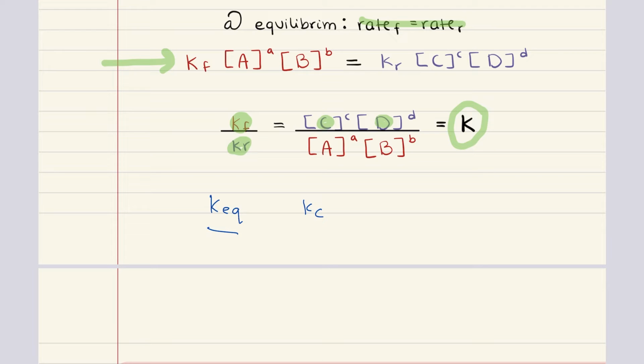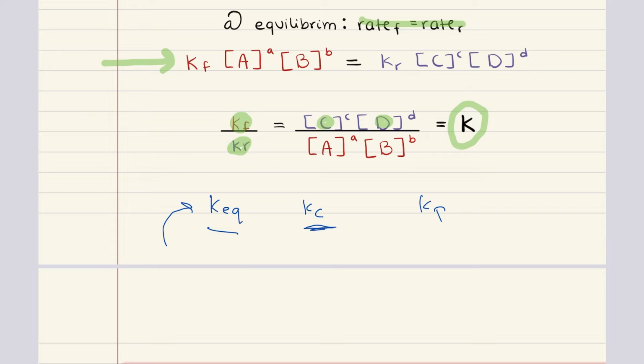Keq is the general equilibrium constant for any reaction at equilibrium. Kc is the equilibrium constant specifically in terms of molar concentrations used for reactions in solution. Therefore, Keq is a broader term that can be used in any context where an equilibrium constant is relevant, while Kc is specifically used for solutions where concentrations in molarity are measured.